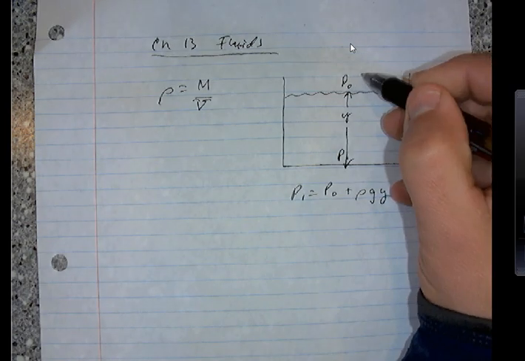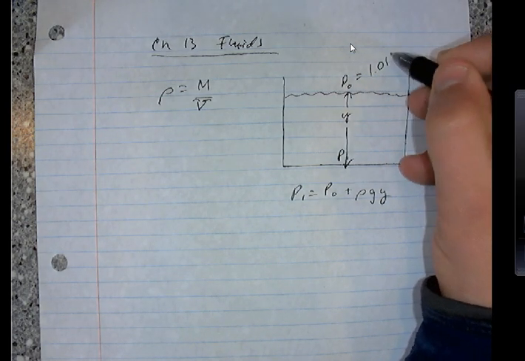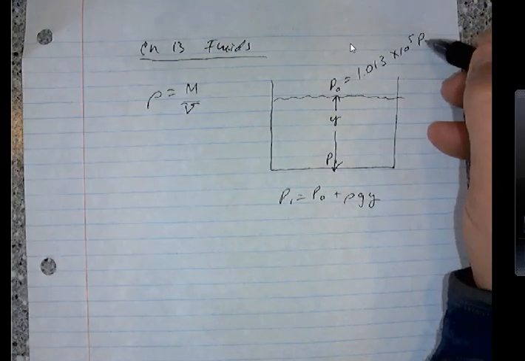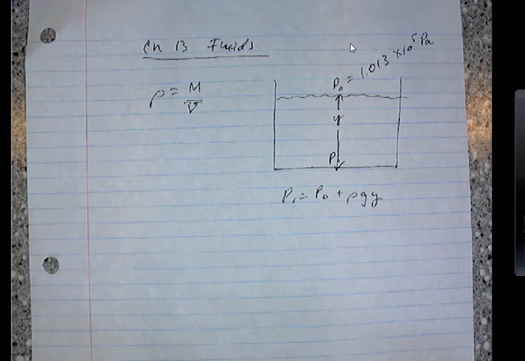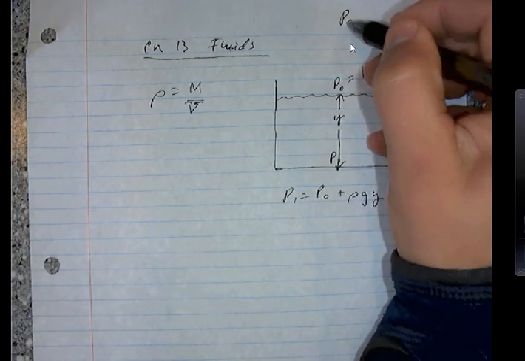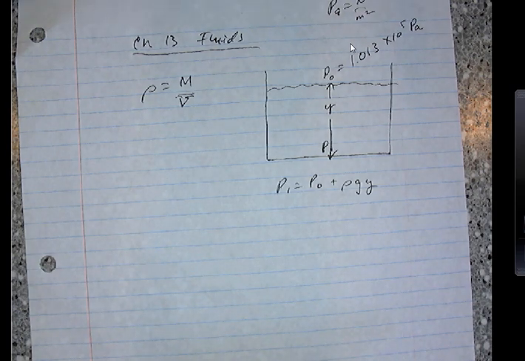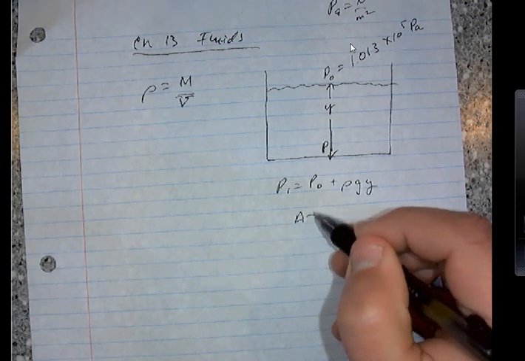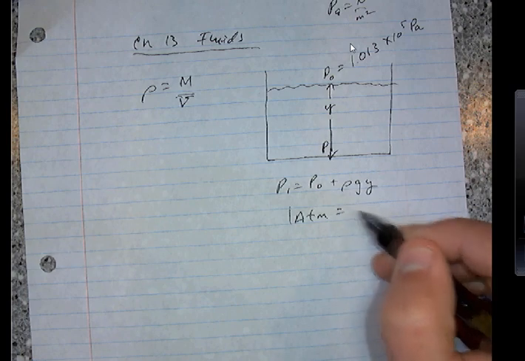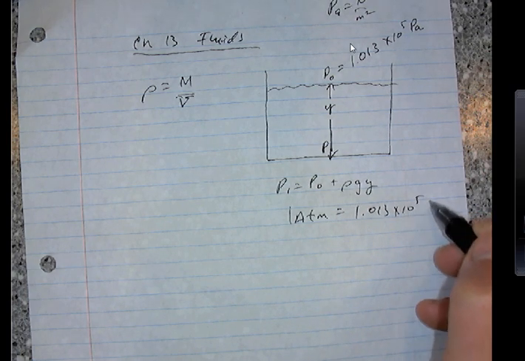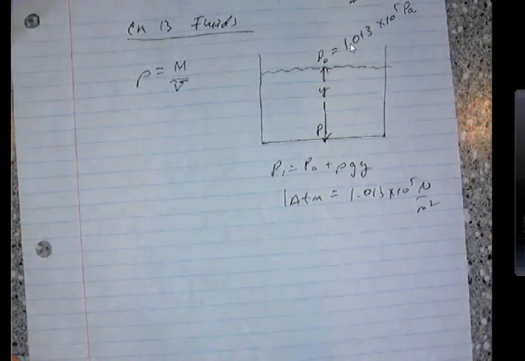The pressure up at the top, atmospheric pressure, 1.103 times 10 to the 5th pascals. A pascal and a Newton per square meter are the same thing, remember? Okay. I don't think I would do this to you, but just to remind you, 1 atmosphere is this pressure. Newtons per square meter, or pascals if you want to do it that way.